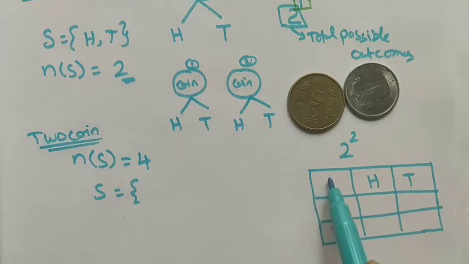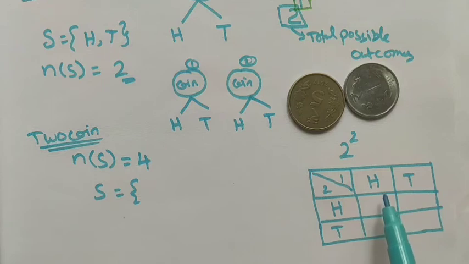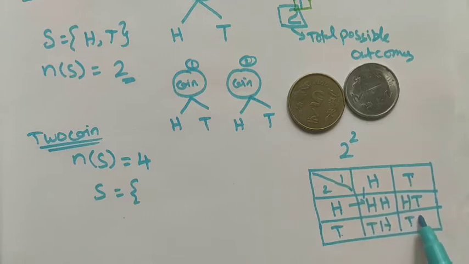This we take as coin 1. This we take as coin 2. Now multiply: head, head, and head, tail. And the second one, tail, head, and then tail, tail.